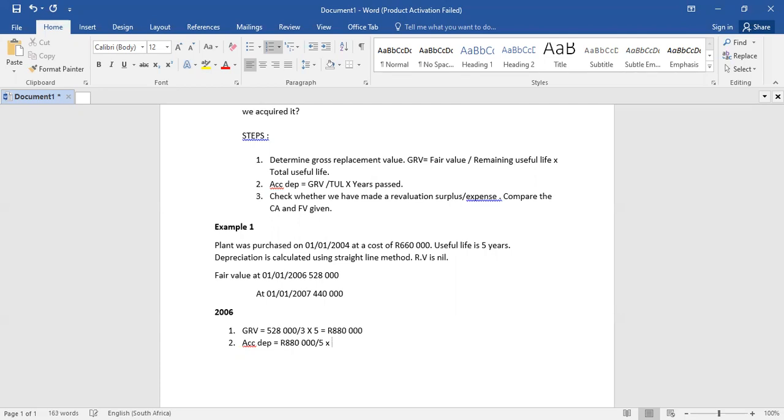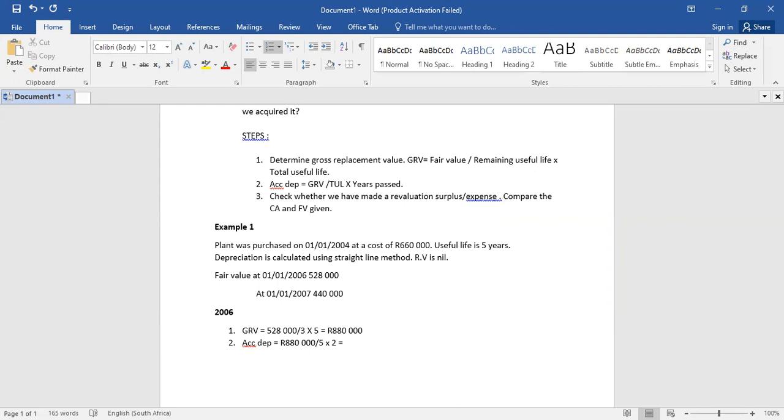Then you multiply with years past. Mingaki iminyaka esidlulile ever since sathenge assets? It's 2 years, angithi? Yes. Times 2. This would be total accumulated depreciation.